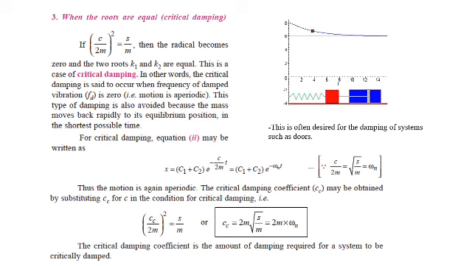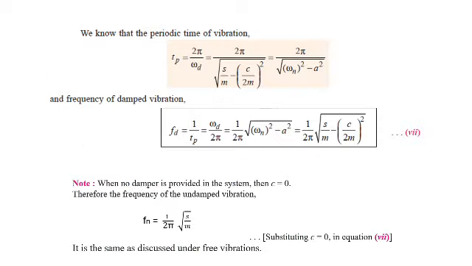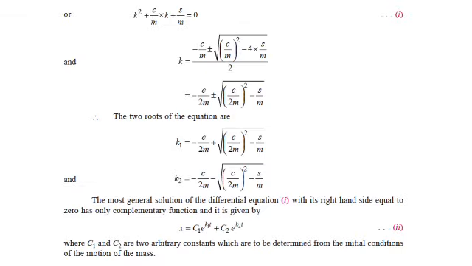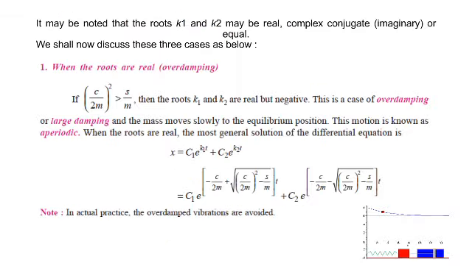Now next, when the roots are equal: in this equation of k1 and k2, if c by twice m square and s by m, these values become equal, then this square root value will become 0.